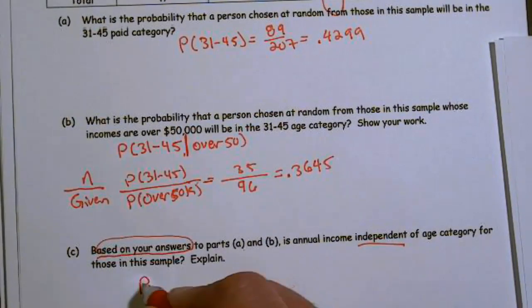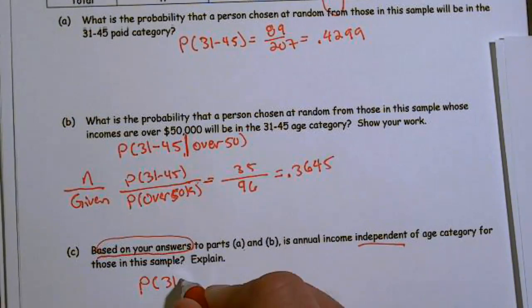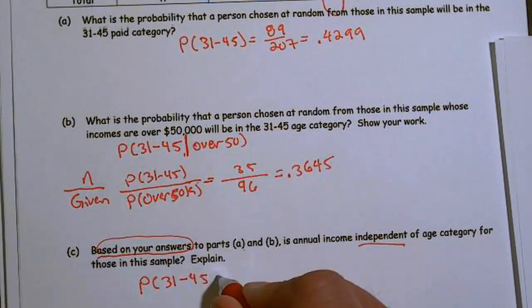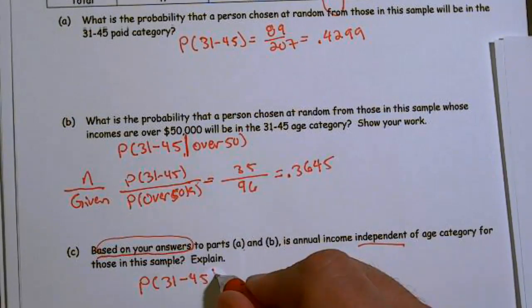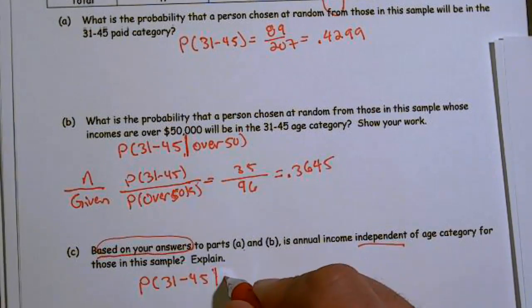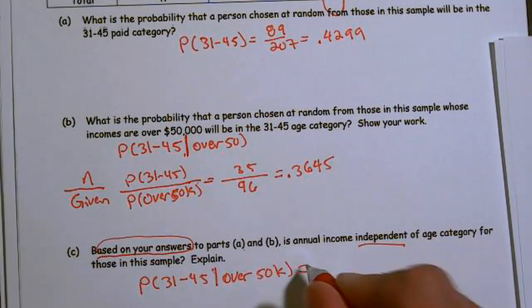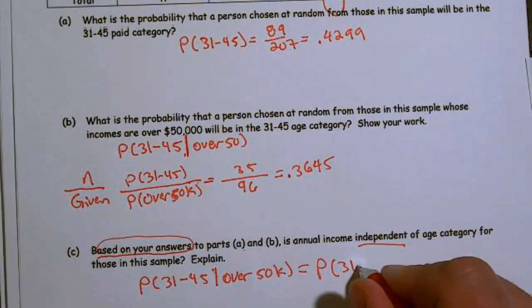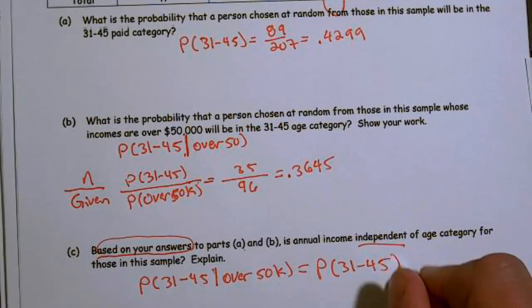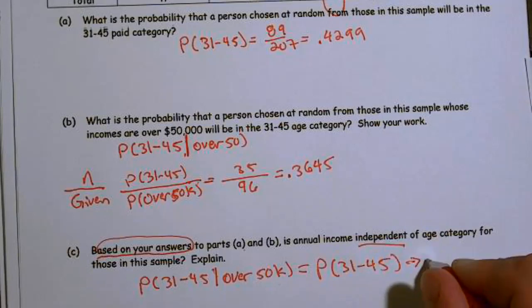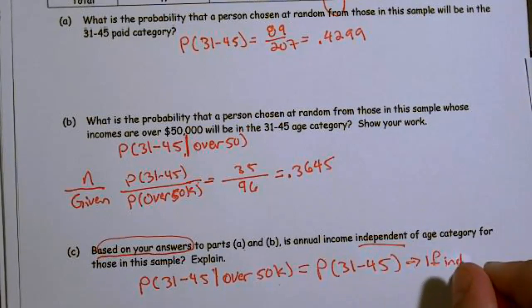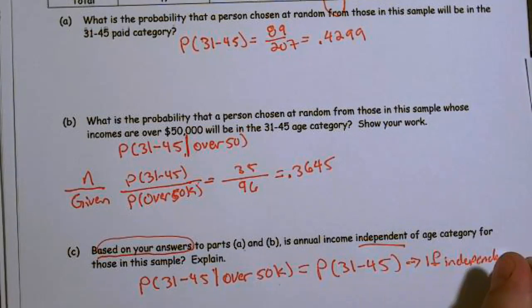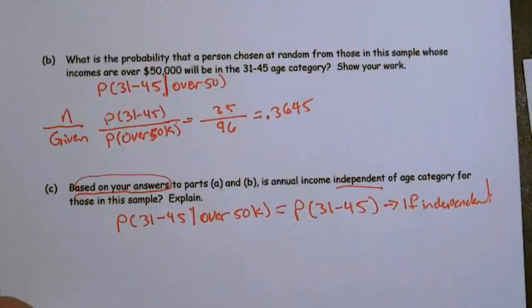So if I say the probability of 31 to 45 given over 50K equals the probability of 31 to 45 if independent. All right, that's really pretty much my work shown.